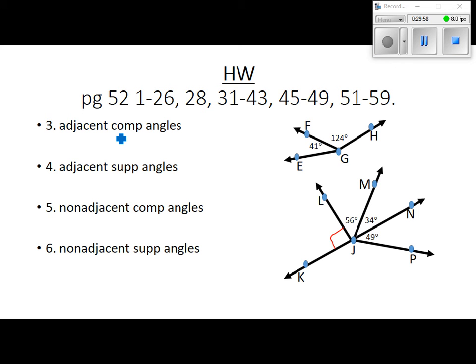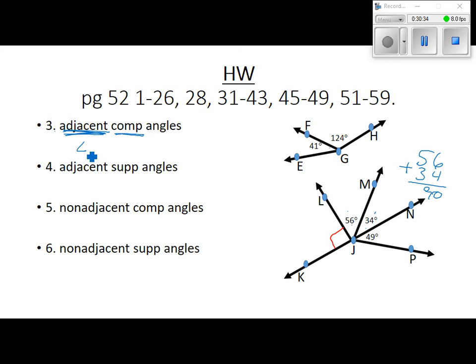Number three. Number three says name a pair, and all these say name a pair of these angles. So name a pair of complementary adjacent angles. That means they got to share a side because they're adjacent, and they got to add up to 90. So I look over here, these two share a side, but they don't add up to 90. These two, 56 plus 34, well 56 plus 34 is 90. So these two angles are adjacent and they're complementary.